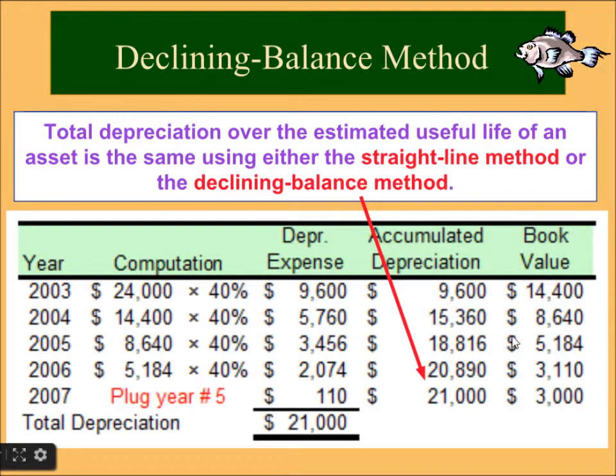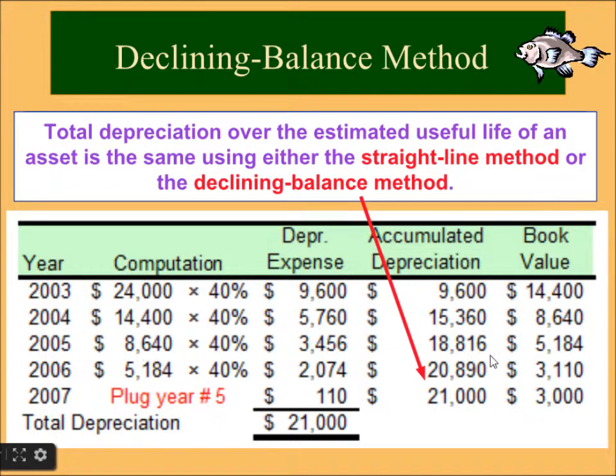This is the total accumulation. Then we will get this value by deducting this year's depreciation expense from the previous book value. Another way to get book value is the original book value minus the accumulated depreciation, which will give this value.